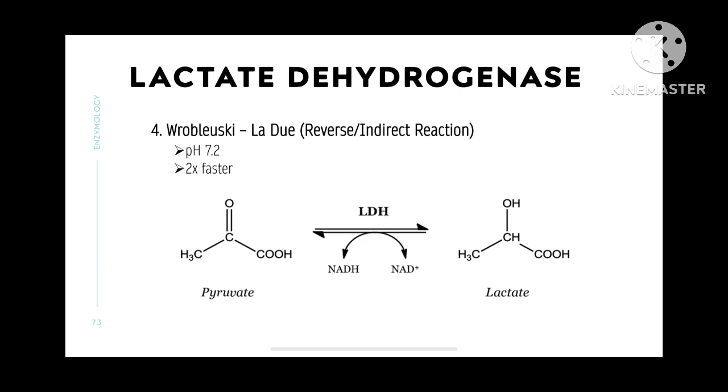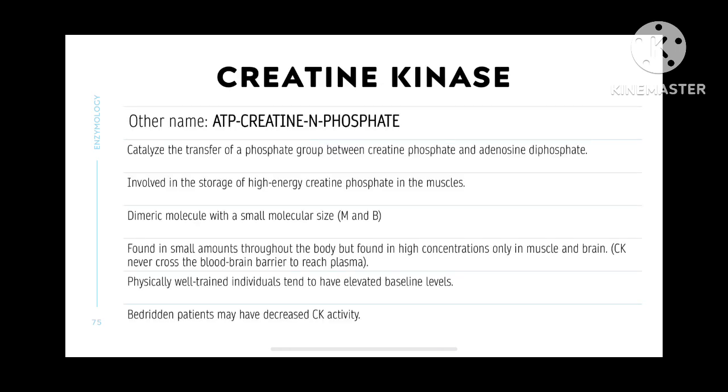The optimal pH for the forward reaction is 8.3 to 8.9, while for the reverse reaction, it is 7.1 to 7.4. Let's now proceed to creatine kinase. Creatine kinase is an enzyme with a molecular weight of approximately 82,000 Daltons that is generally associated with ATP regeneration in contractile or transport systems.